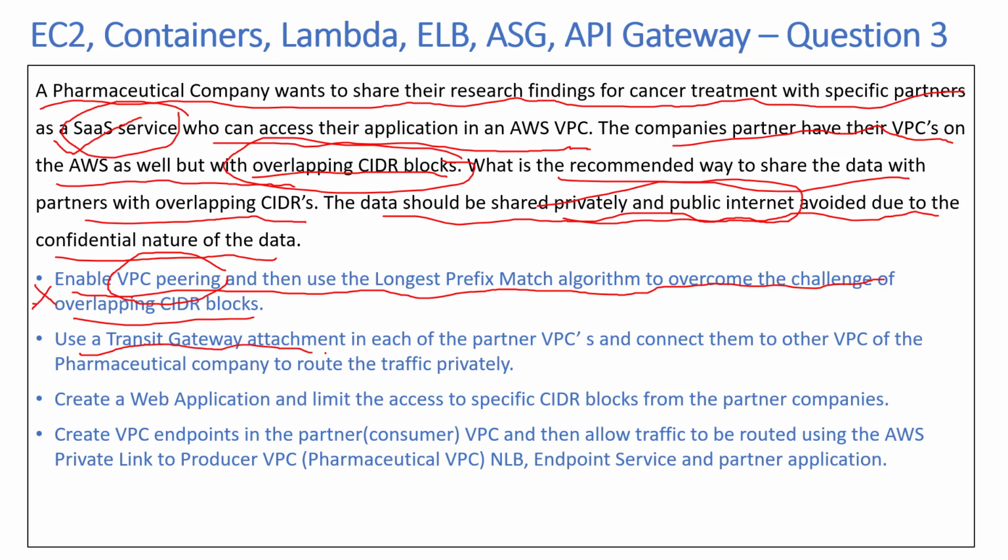Use a transit gateway attachment in each of the partner VPC and connect them to the VPC of the pharmaceutical company to route the traffic privately. So transit gateway would usually connect multiple VPCs of an organization. And in this case, if you have overlapping CIDR block and you want to expose the data as a SaaS service, this is typically not a recommended solution by AWS. So we'll leave that out.